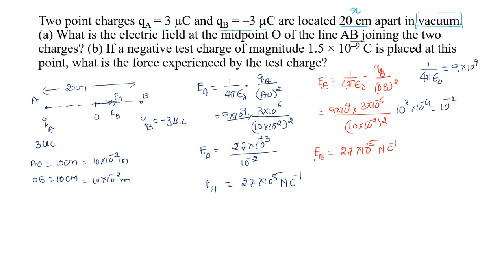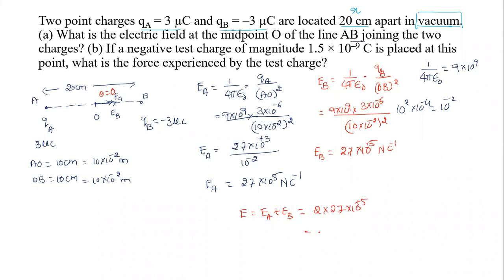Means electric field due to the charge which is at B. Now from the diagram I can say the angle between electric field A and B is 0 degree. So we need to add them, right? So the net electric field I'm going to take E equal to EA plus EB, and if you add them, it will become 2 times 27 into 10 power plus 5.